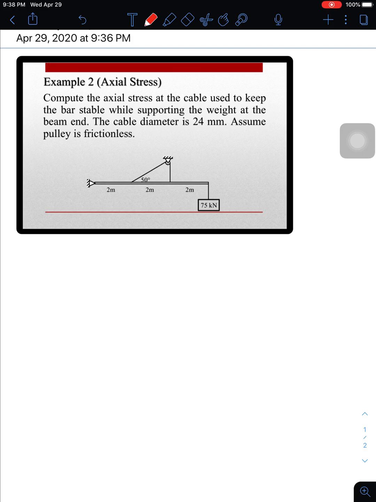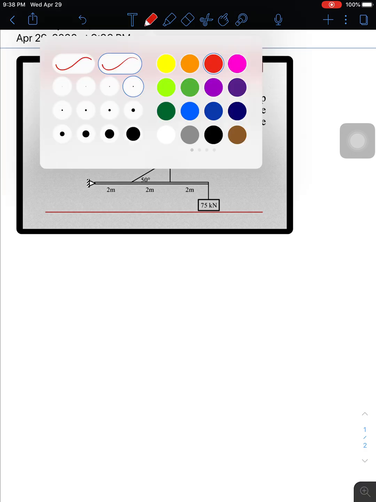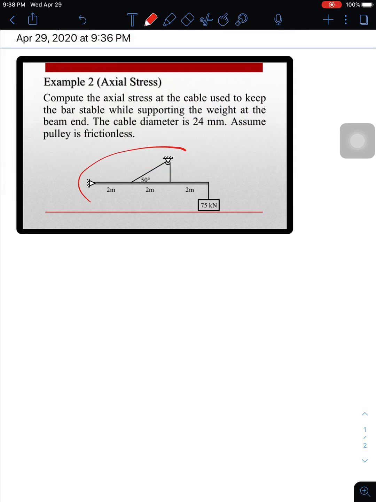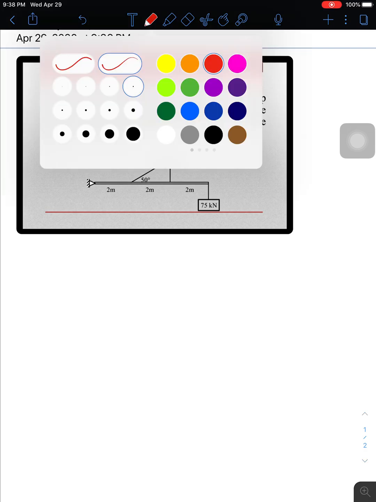So what are we going to do? First, we're going to draw the free body diagram of this whole figure, eliminating the support reactions. So how are we supposed to do that? Let's go back to statics.